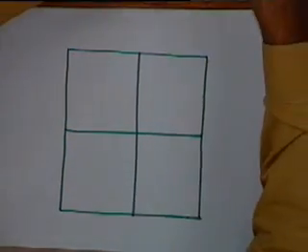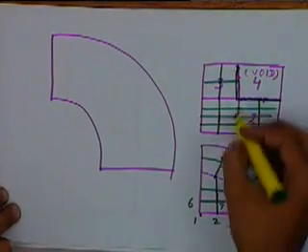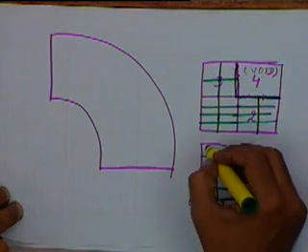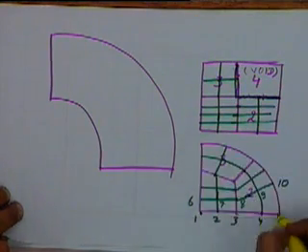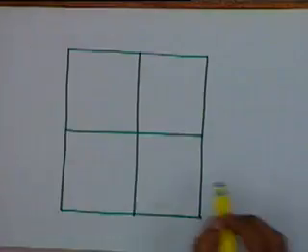Let us say for this particular case, this quarter of a circle, or quarter of a circular plate, is being mapped onto this array of 4 blocks. So we get these 4 blocks.